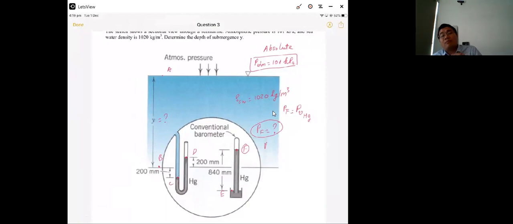When we go up, pressure decreases until pressure F equals the vapor pressure of mercury. We will have empty space on the top of the barometer. Actually, on the top of the barometer it is not empty. We have mercury, but in vapor. So pressure F will be equal to the vapor pressure of mercury.